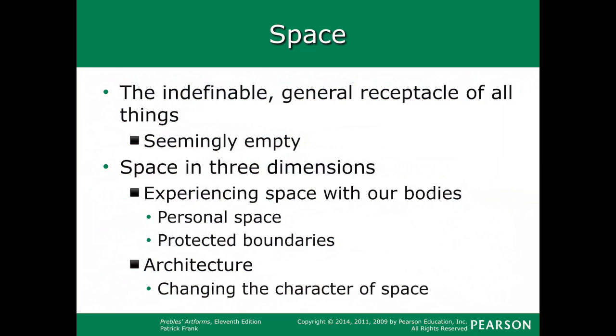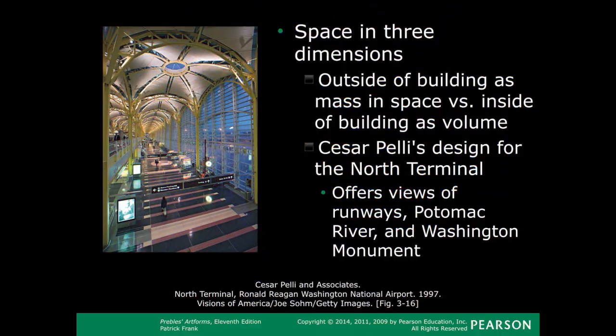You can see these types of qualities when you think about architecture, where the artist or the architect designed a space to give it a certain character. And in this example, the North Terminal of Ronald Reagan Washington National Airport, made in 1997, designed by Cesar Pelli and Associates.